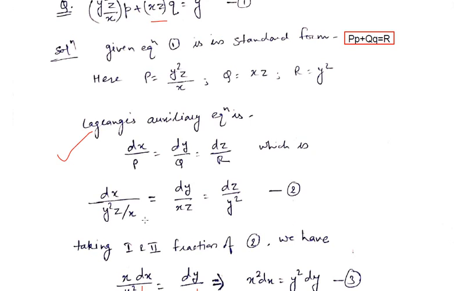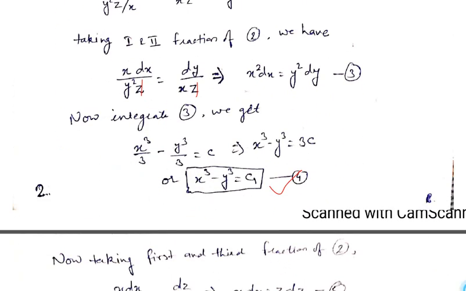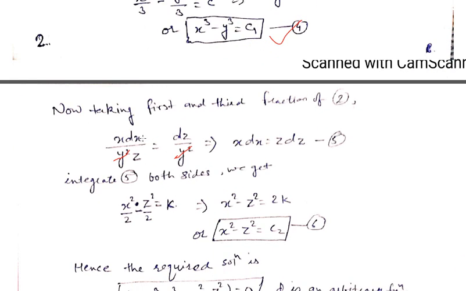But if we choose the first and third fractions, we see the variable y can easily be eliminated, and the resultant terms have variables only x and z. So choosing the first and third, we get x dx upon y square z is equal to dz upon y square. Here y square cancels out. The resultant term is x dx is equal to z dz.